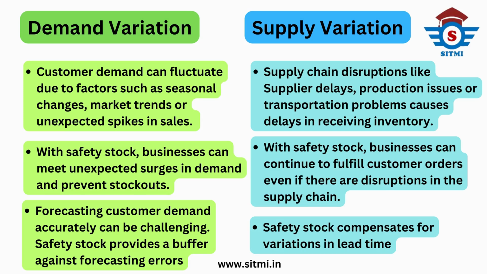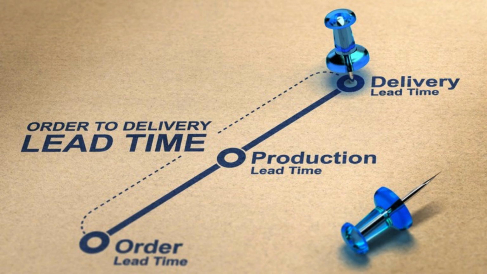Safety stock compensates for all these variations in lead time, and lead time is basically the time taken for an order to be fulfilled from the point of placement till the point of delivery. If lead times are unpredictable or longer than usual, safety stock ensures that inventory is available to meet the customer demand during the lead time.